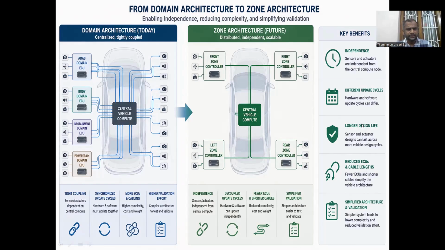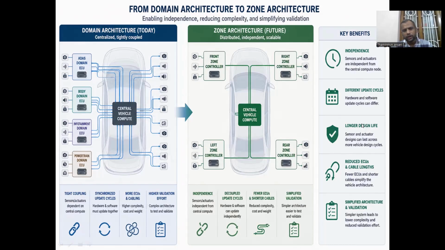Now the limitation with this domain architecture is tight coupling, as we spoke before. Sensors and actuators depend on the central compute. They always require some input from the central vehicle compute, which gives the necessary commands to them. Then there is the synchronized update cycle.